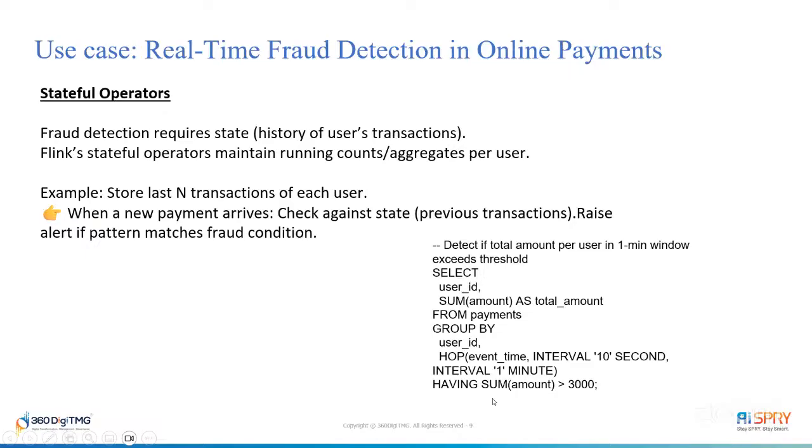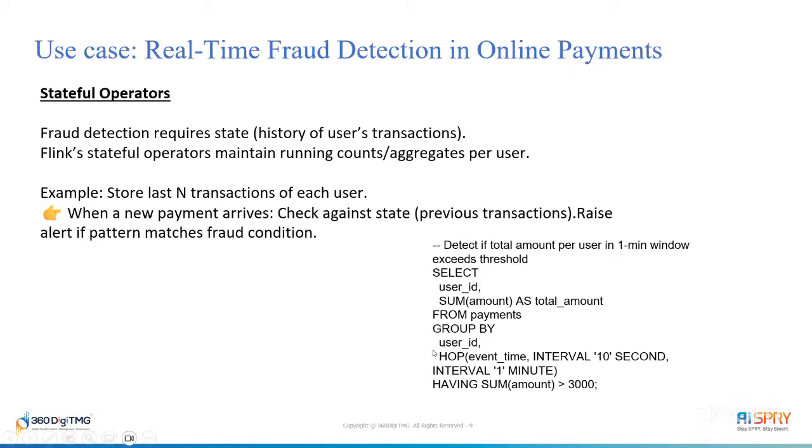If the user is trying to make one more transaction greater than $3,000, you will check the last transaction also. If it is greater than 3000, you will compare. Accordingly, you will raise a suspicious activity alert. So that is stateful operators, checking the history of the user's transactions also.